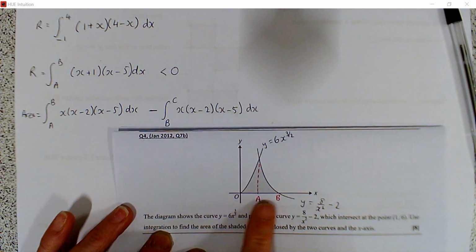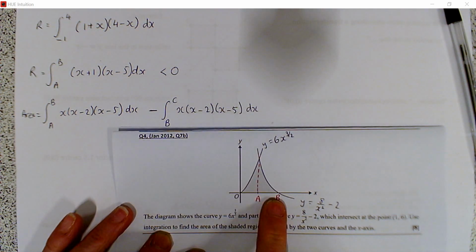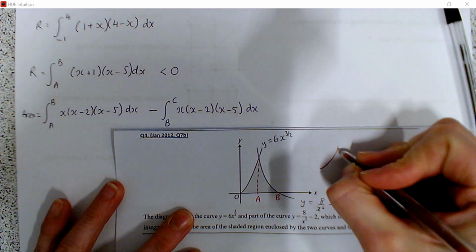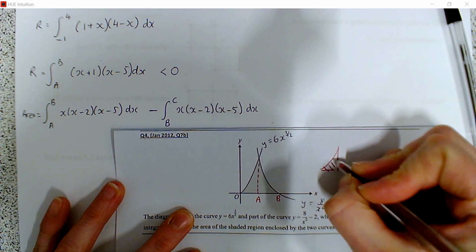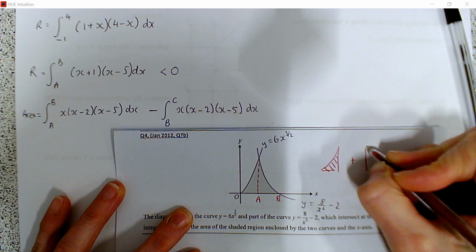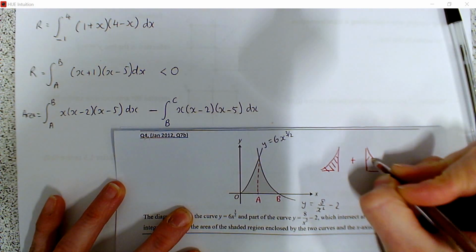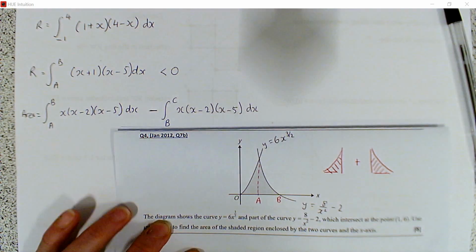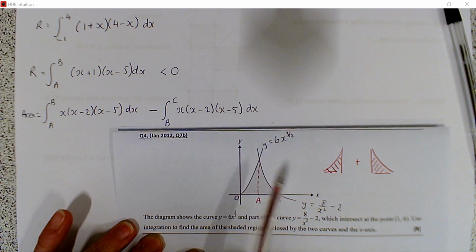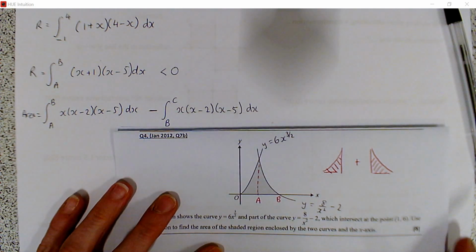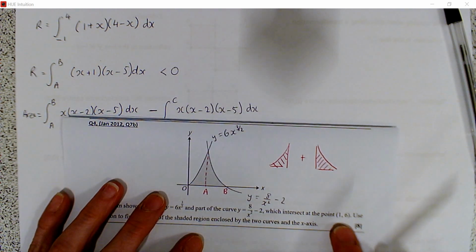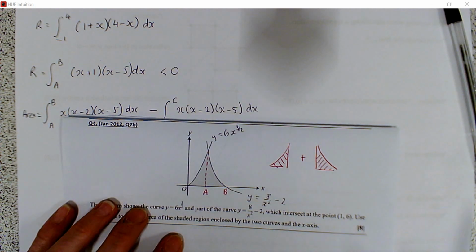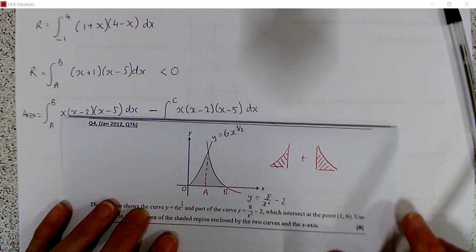If I wanted the total area, I would do it in two stages. I would have this bit, and I'd add on this bit. Either the question will tell us that they meet at a point, which it does here, 1, 6, or part of the question would be to find that point.